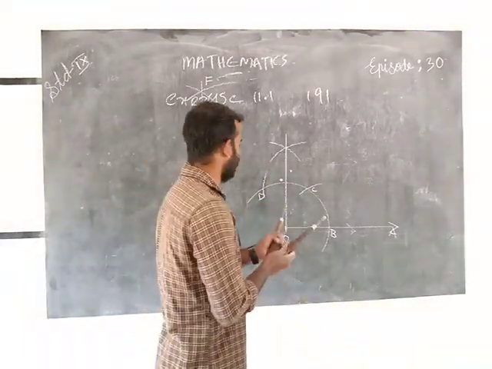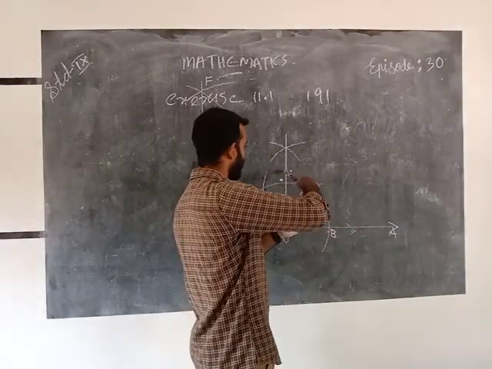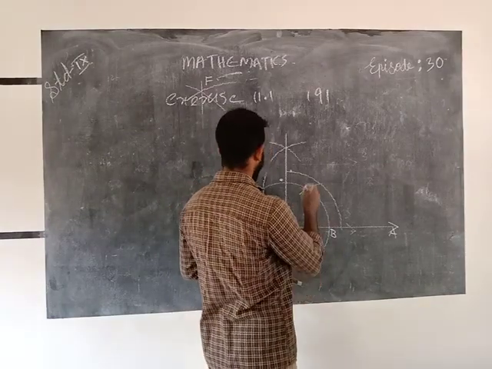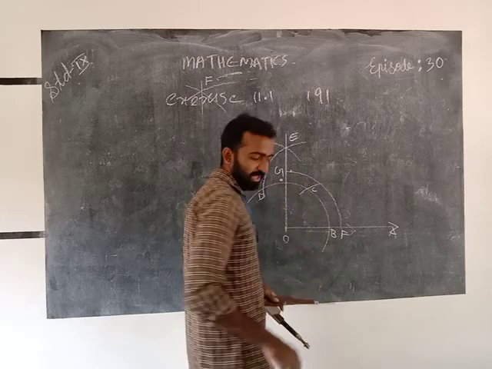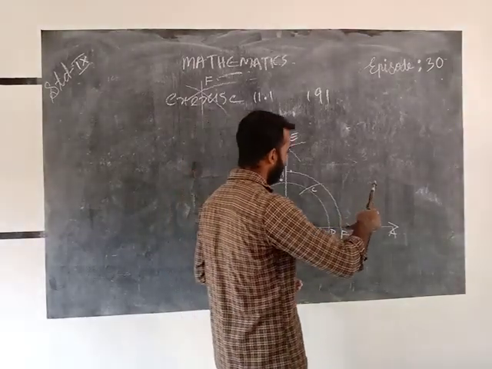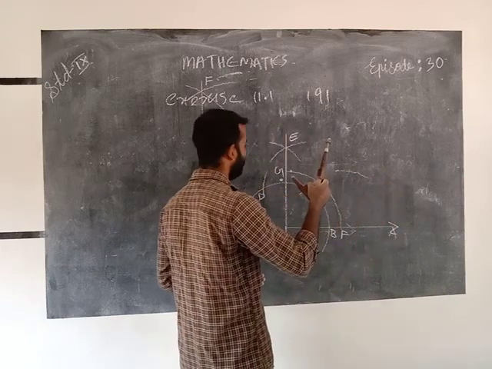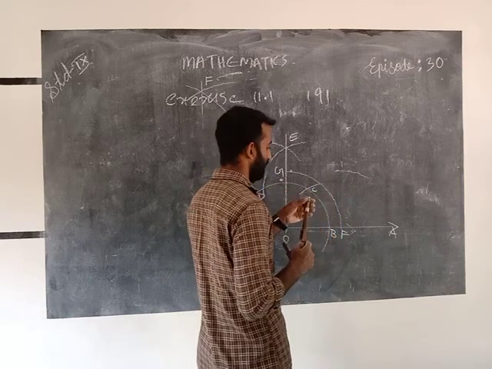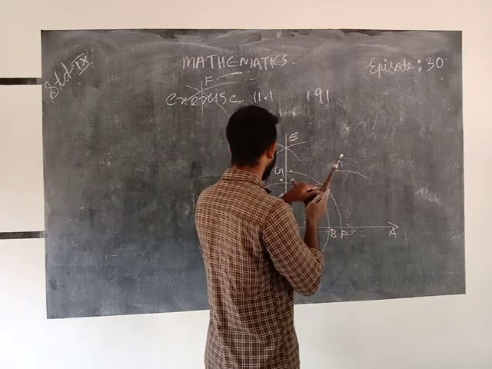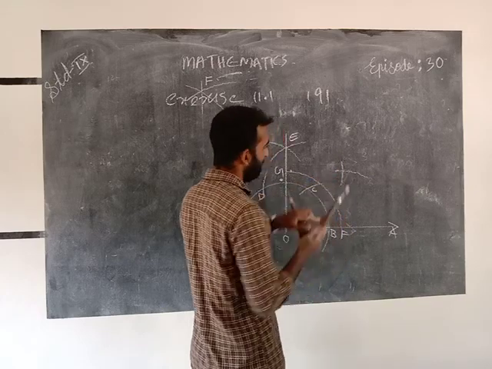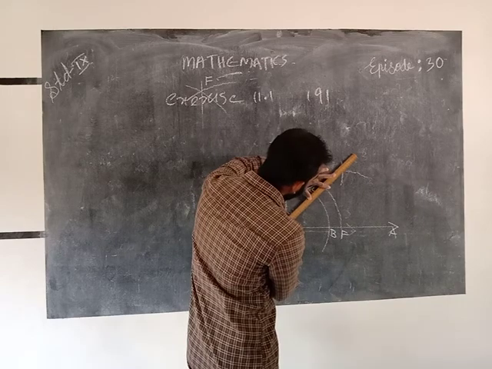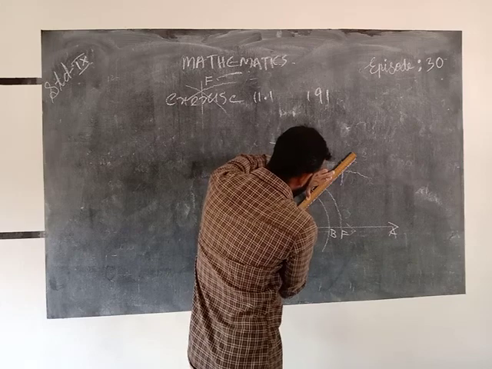We make another arc from here to here, F, G, and we take more than half of G and F. Then with center F, we make an arc.